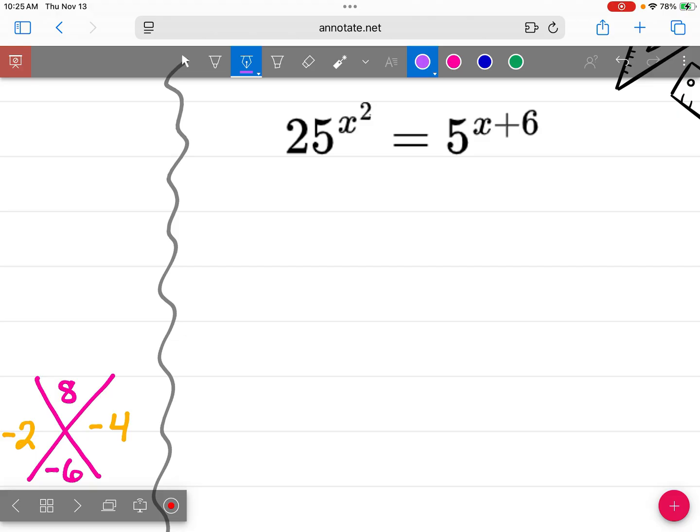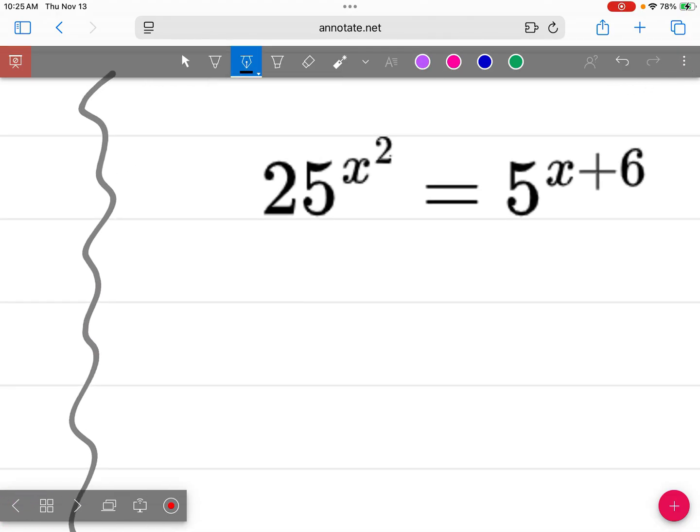Very similar deal on the right. Rewrite our bases. What base are we going to do? For our 25 to the x squared and 5 to the x plus 6. 5.